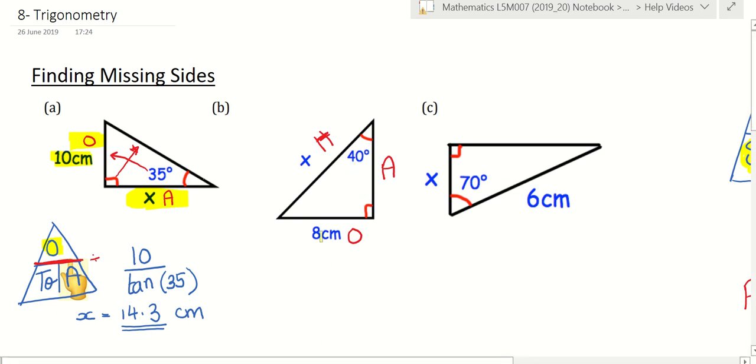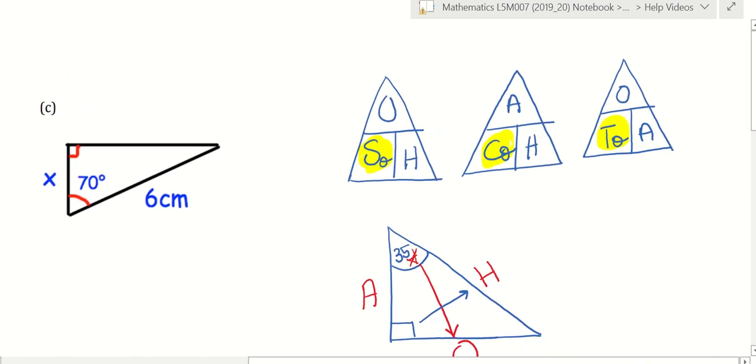Well, I definitely need the one that has the measurement, which is O, and I definitely need the one I want to find, which is H, which means that I don't need A. So I now need to find a triangle with H and O. Well, which one is that? H and O, H and O. Well, that is the first one.